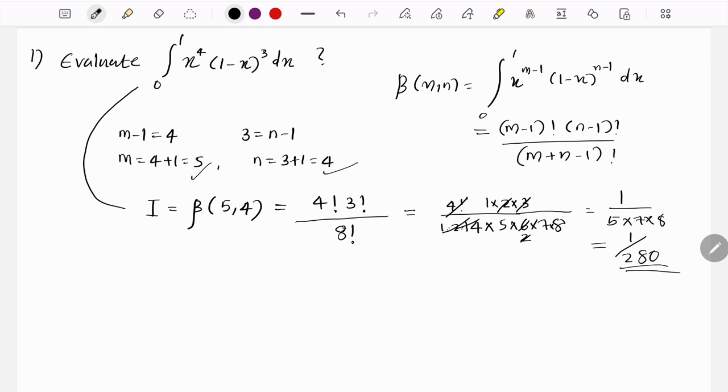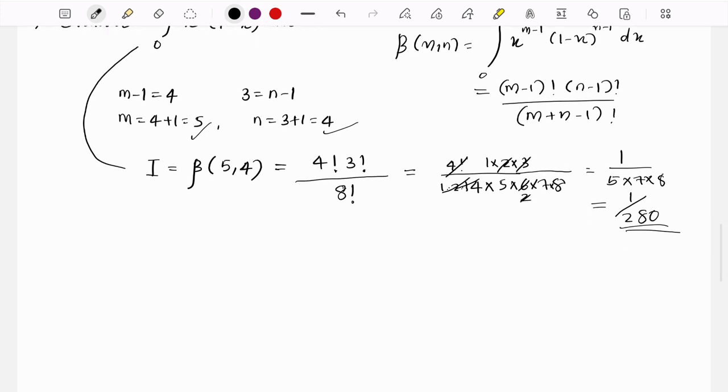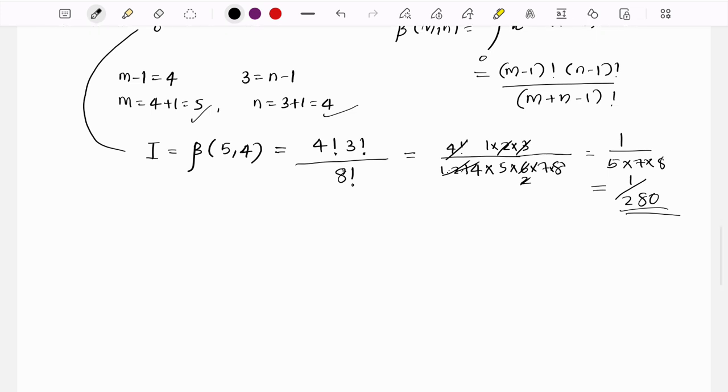This is the result. So please practice more problems. Please practice this problem with your pen. Then only you can improve your problem solving skill.